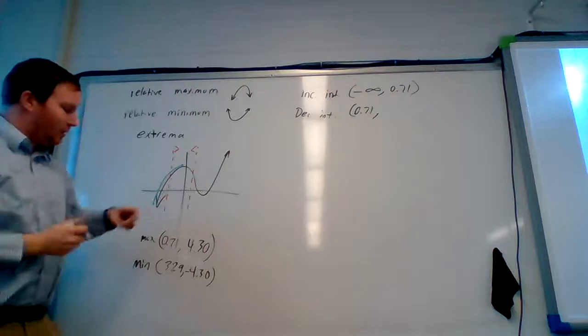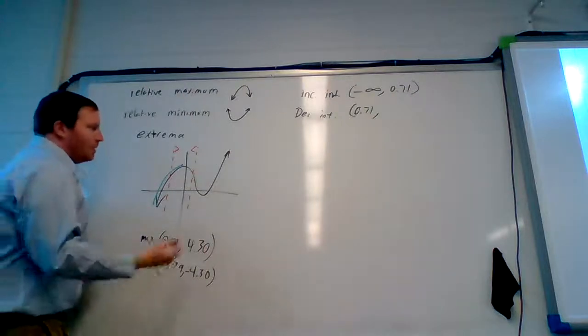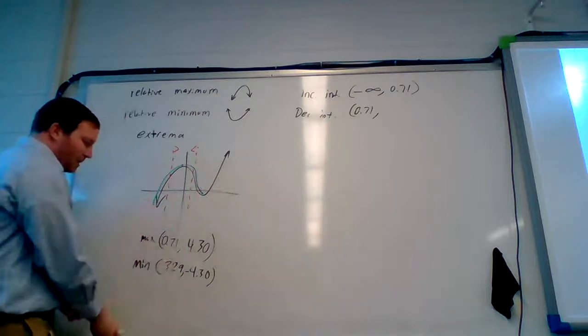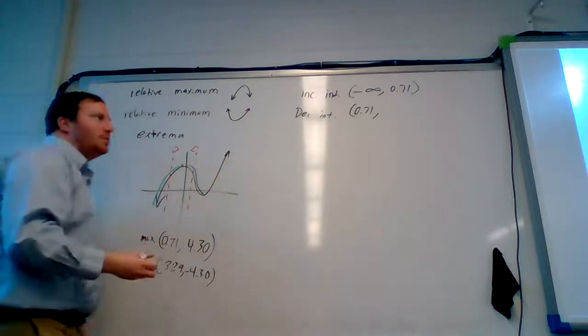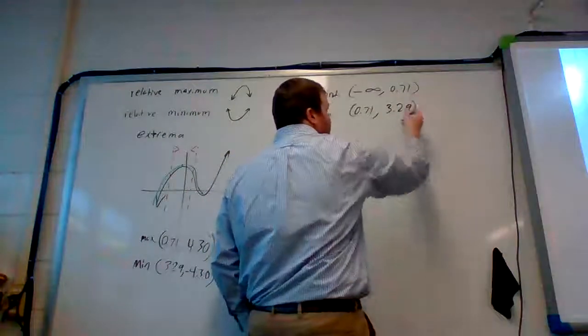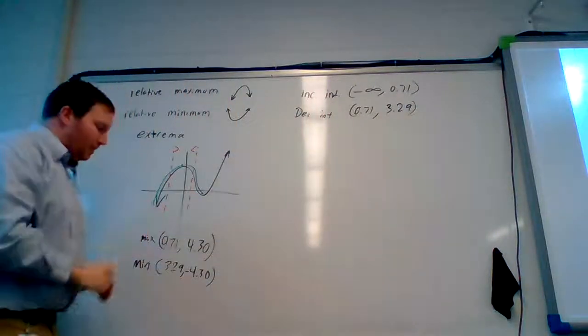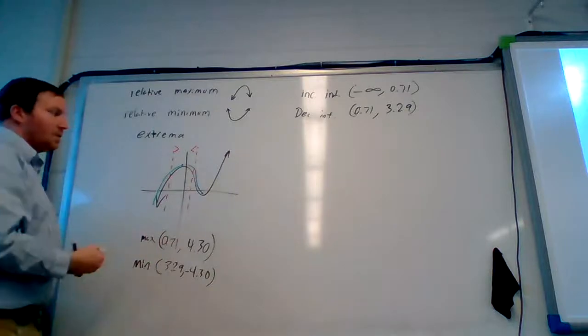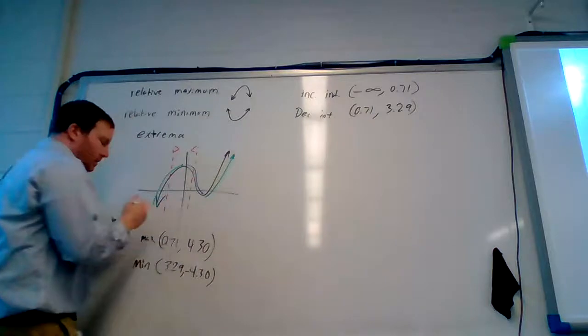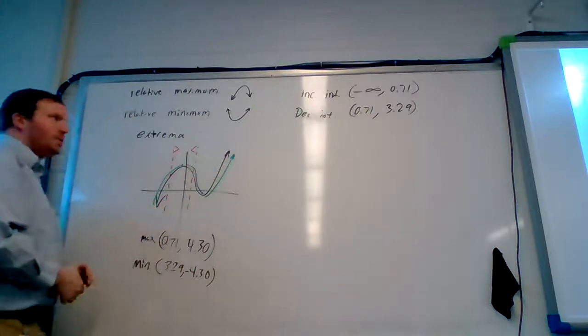We start to decrease, right? We're going downhill all the way down to our minimum value, which is at 3.29, at which point we start increasing again, right? And we increase all the way to infinity.